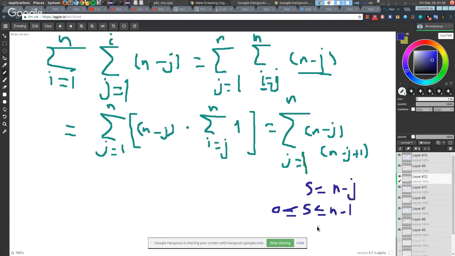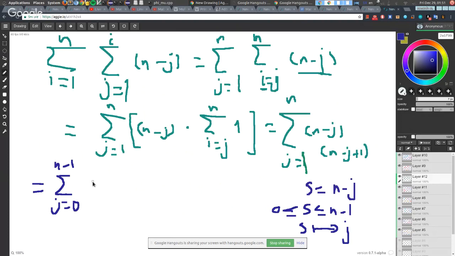These are the equivalent bounds after this substitution. And then I will rename the s to j. Basically, the new summation goes from j equals 0 till n minus 1.